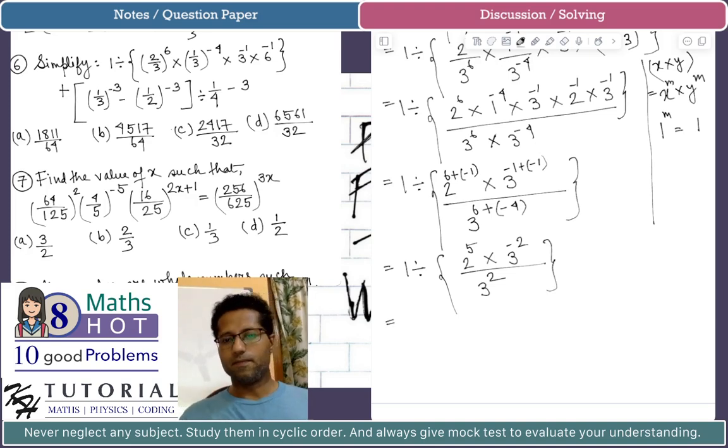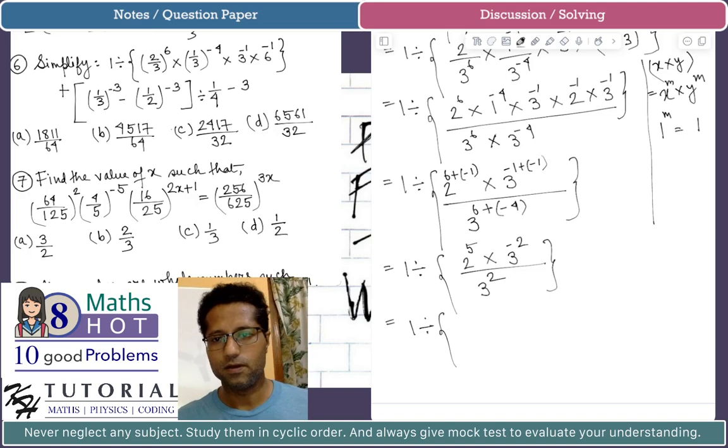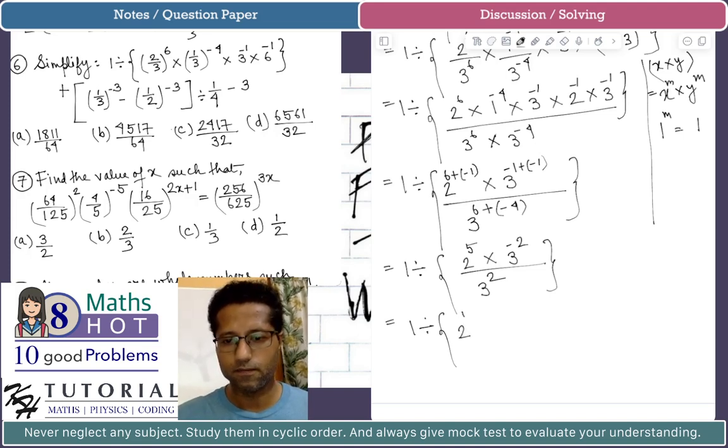Now 1 divided by, okay, let's first simplify the bracket inside to have just the powers of 2 and 3. So we have 2 to the power 5 multiplied by 3 to the power minus 2 divided by 3 to the power 2 becomes 3 to the power minus 2 minus 2. So this is 1 divided by 2 to the power 5 multiplied by 3 to the power minus 4.